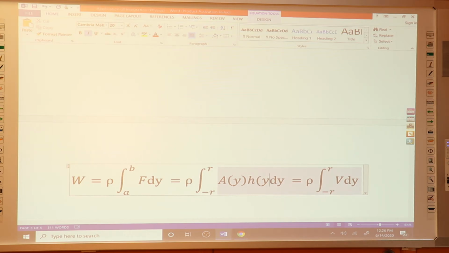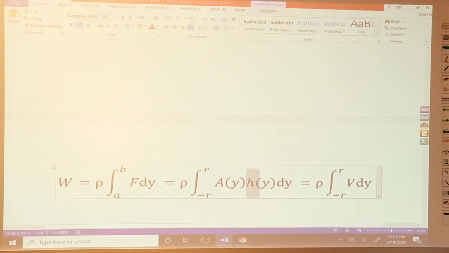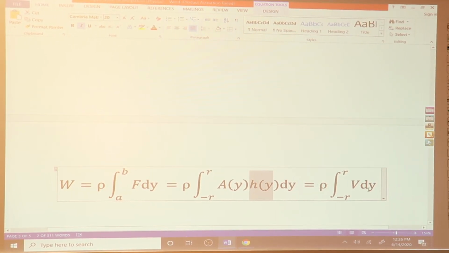If you have x, you change y to x, dy, which is the same as rho times the volume. Sometimes you go directly, you find the area, h(y) dy rho, which is the same thing, rho v dy, from A to B, whatever limit you have.